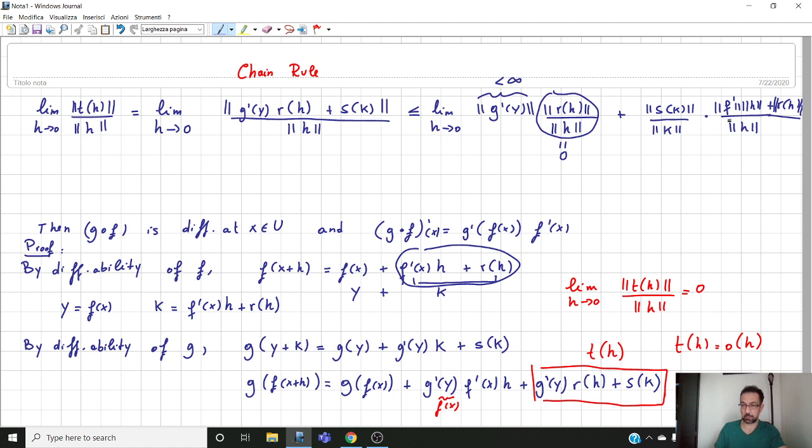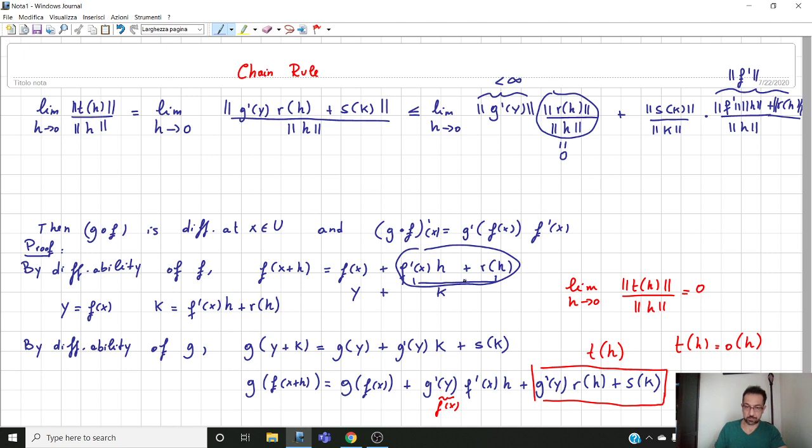In here, the norm of r of h divided by the norm of h is going to go to 0. If we break this fraction down, we have the norm of f prime times the norm of h over h, and h is simplified. So all of this practically simplifies to the norm of f prime. Then we're left with the norm of s of k divided by the norm of k.